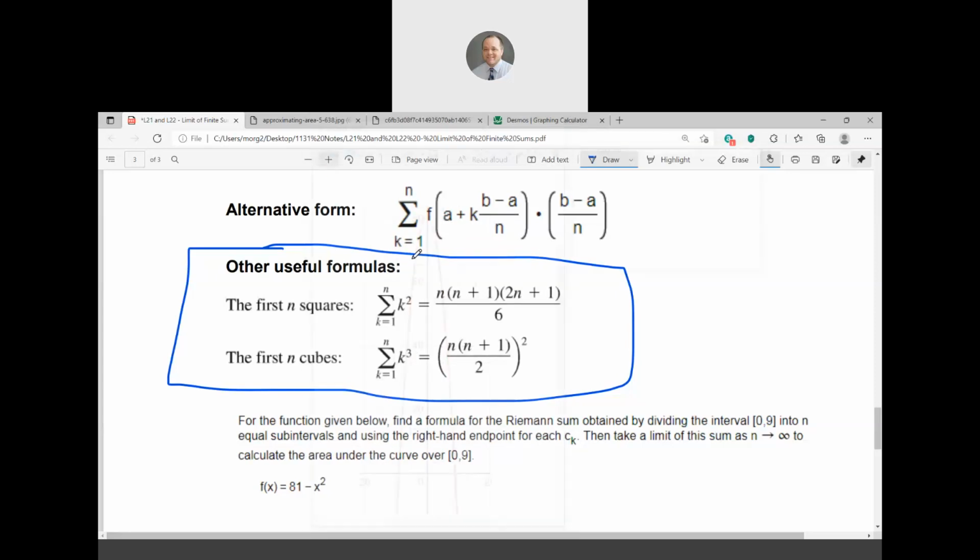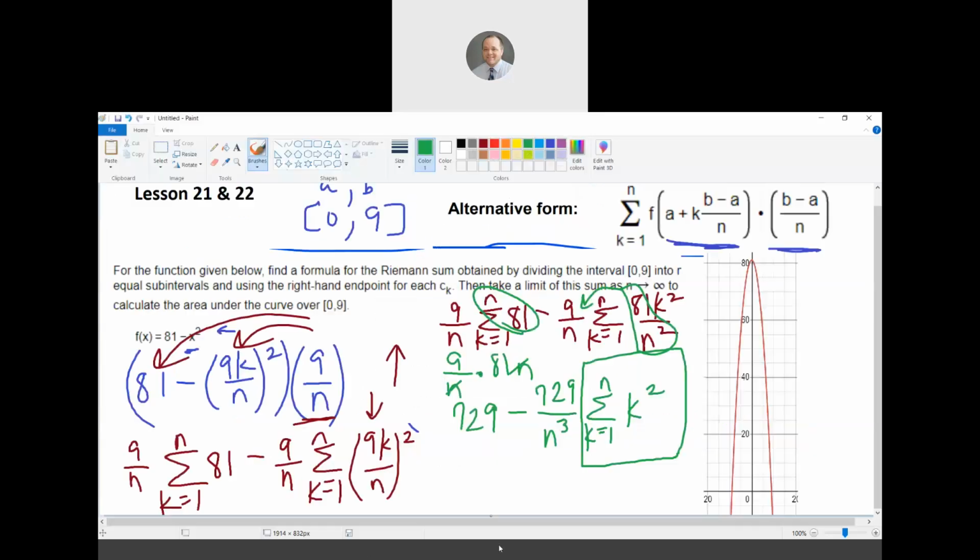All right, so let me copy and paste it. Just lay it over our k squared. Now let me make some room so we can finish and find the area under our curve.